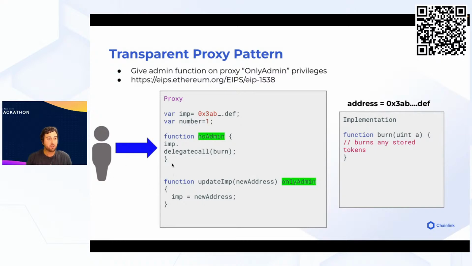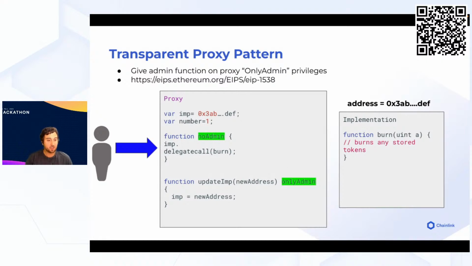It will never delegate call and bring in burn from there. And this really helps with function selector clashes, right? And our admins can update our smart contract, which may be what we want, right? We don't want anyone being able to come in and just point our proxy to any other contract. That could be extremely risky, right? And so this is the transparent proxy pattern simplified.